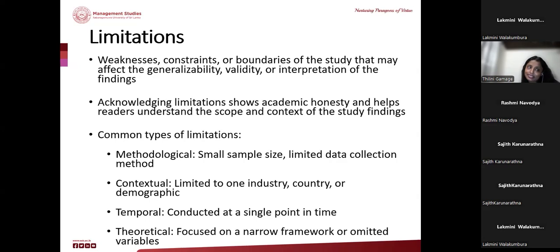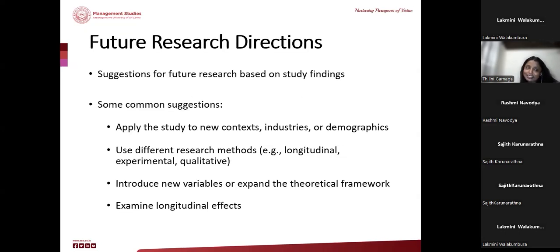So having said that, along with the limitations, I'm going to talk to you about future research directions. You can see limitations and future research directions go hand in hand.